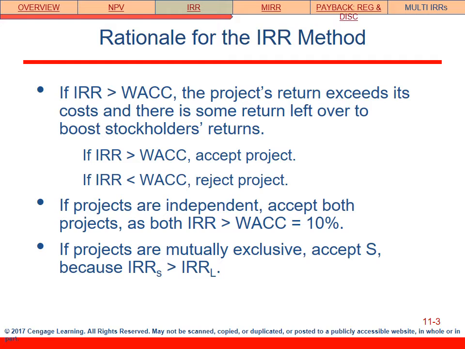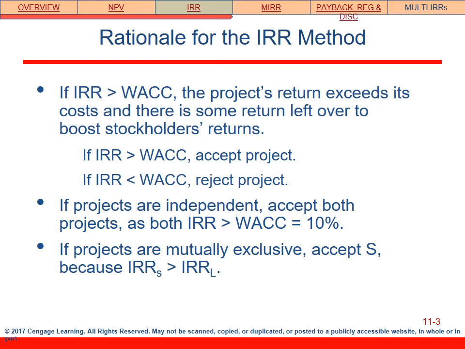Whereas if a project's internal rate of return is less than the firm's weighted average cost of capital, we will reject that project. So for our two projects that we've been using as examples, L and S, if those projects are independent, that is, they do not compete against each other, they would both be acceptable projects because they both have internal rates of return that are greater than the firm's weighted average cost of capital of 10%.